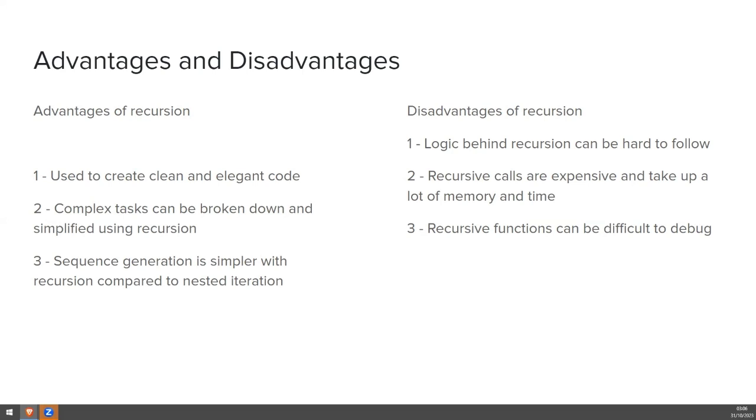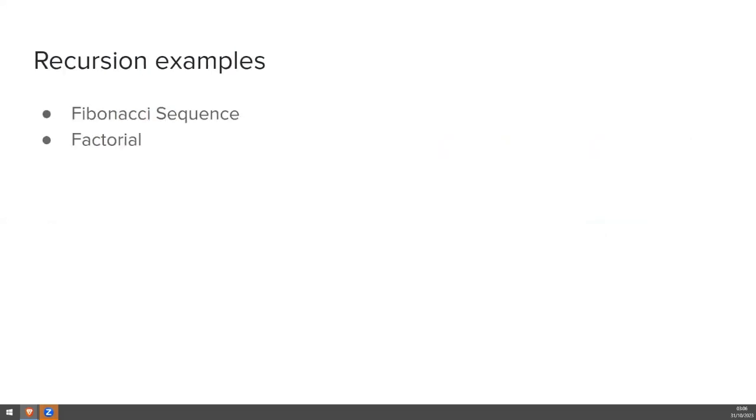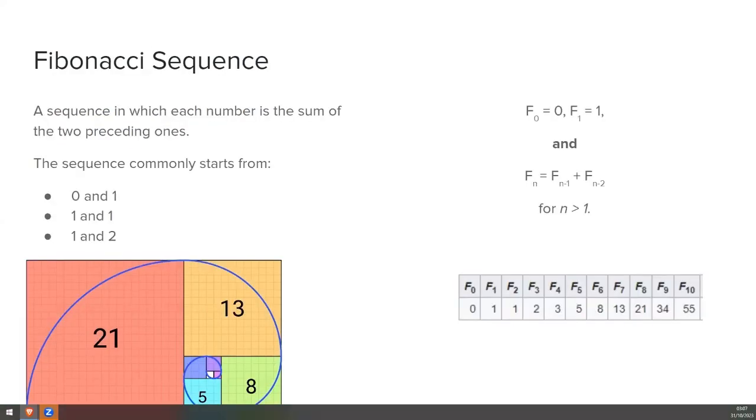All right, remember that. We're going to go through some examples of recursion using the Fibonacci sequence and the factorial. The Fibonacci sequence is just a sequence in which a number is the sum of the 2 preceding numbers. The common way that the sequence starts is either with 0 and 1, 1 and 1, or 1 and 2.